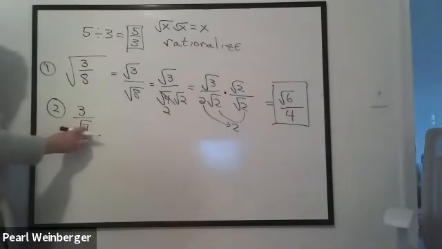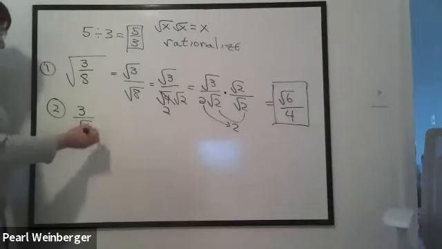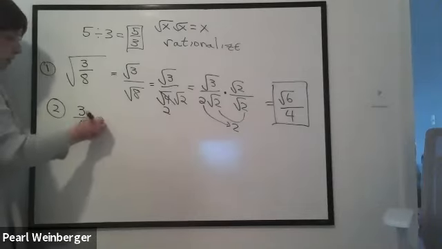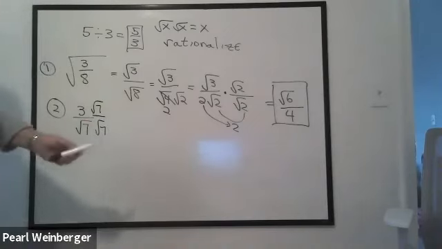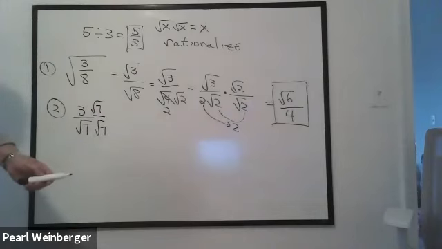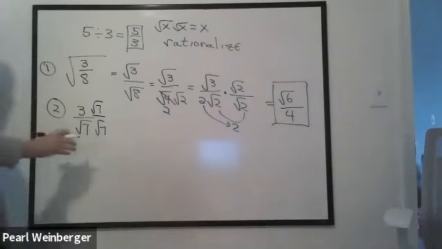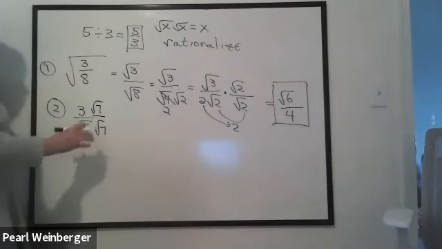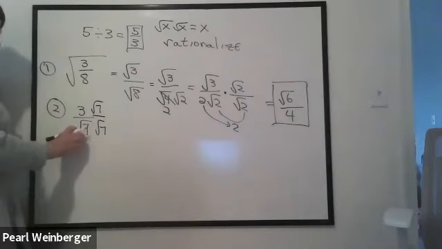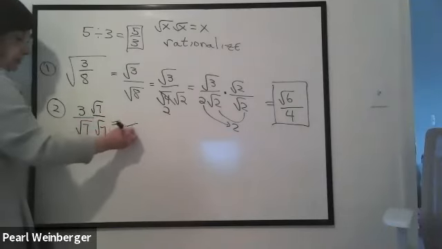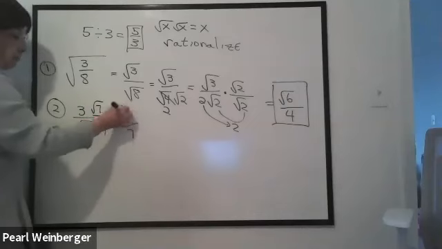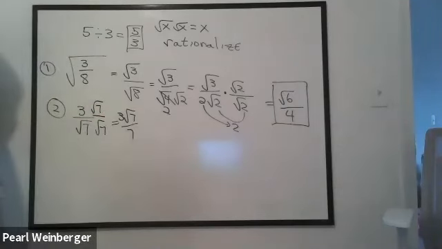And the only problem that I have here, it looks pretty simple, but I have a radical in my denominator, so I'm going to have to multiply the numerator and denominator of this fraction by radical 7, because we want to make sure that the number in the denominator turns out to be a rational number. And therefore we multiply it by the radical itself. Radical 7 times radical 7 gives me just plain 7, and the numerator becomes 3 radical 7 over 7.